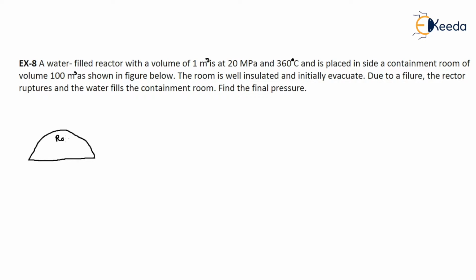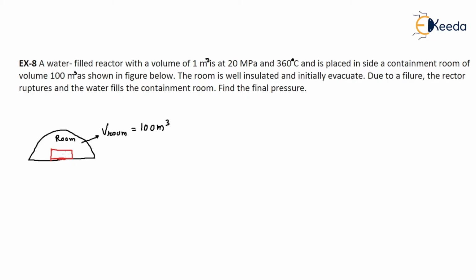This is your room, and a water filled reactor with a volume 1 meter cube is at 20 megapascal and 360 degrees is placed inside the containment room of volume 100 meter cube.